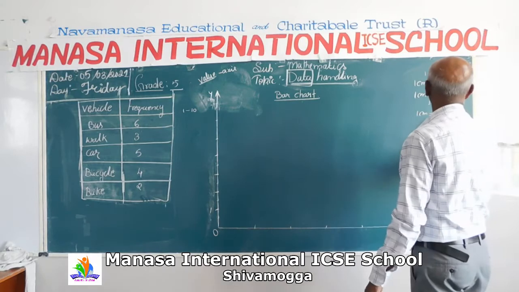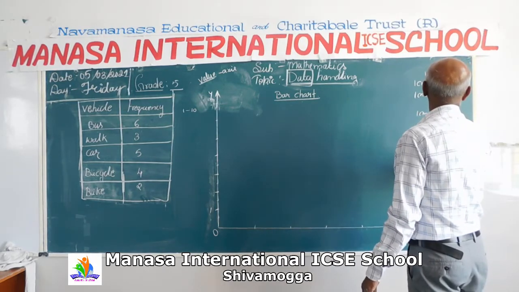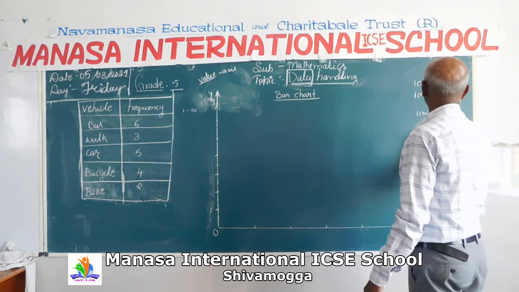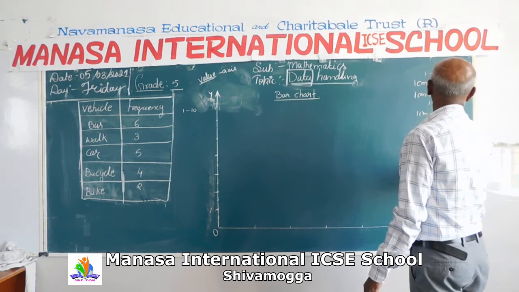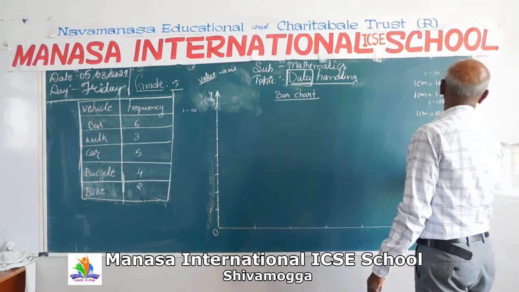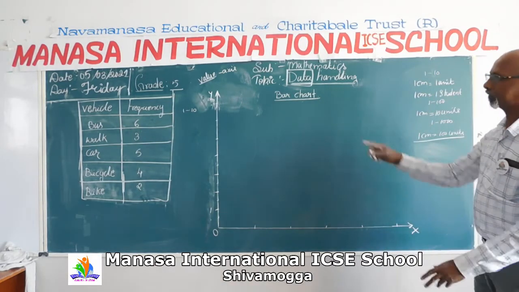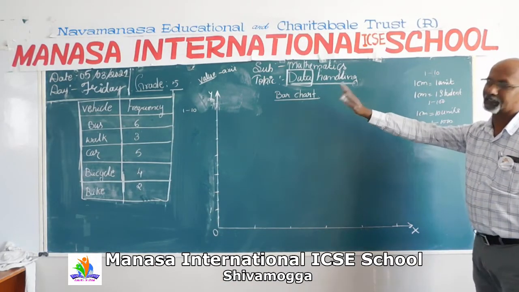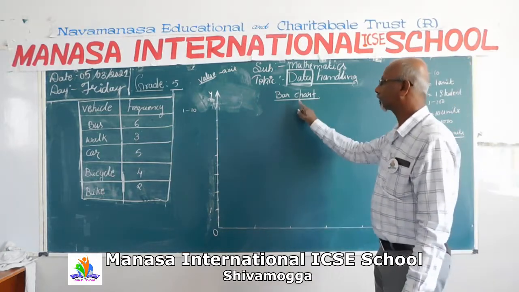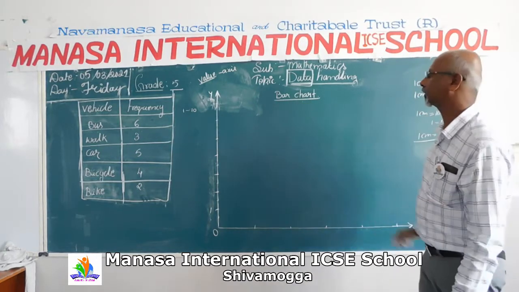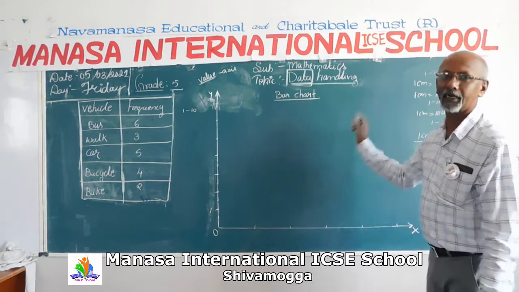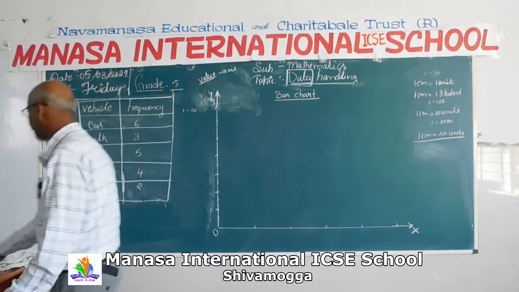If the values lie between 1 and 1000, then we can choose the scale 1 centimeter is equal to 100 units. These are the types of scales we choose for representing data. While drawing the bar chart, first we decide the scale and write it at the top right corner.